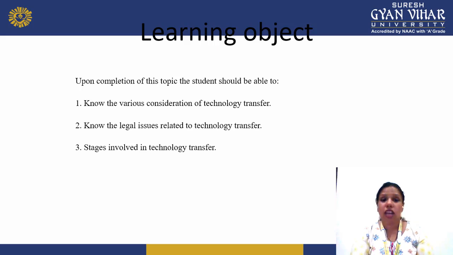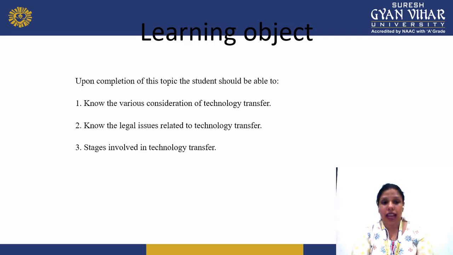So to know the various considerations of technology transfer is the first objective. The second objective is to know the legal issues related to technology transfer. What are the legal issues, what are the agencies and authorities related to technology transfer, you will come to know in this unit.